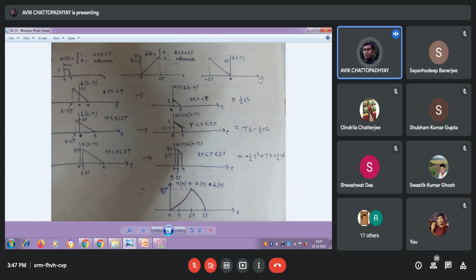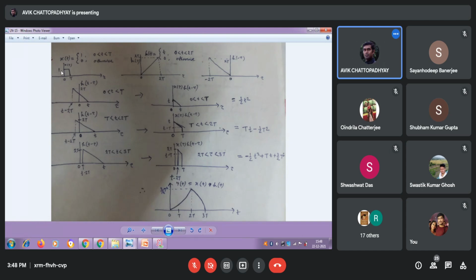Under that condition, what is going to happen here? Exactly at t equals 2t, this point is at 2t here, and this point exactly coincides with the 0 point of this axis. That means the t minus 2t point is exactly at 0. Under that condition, you get the maximum value of the overlap portion.